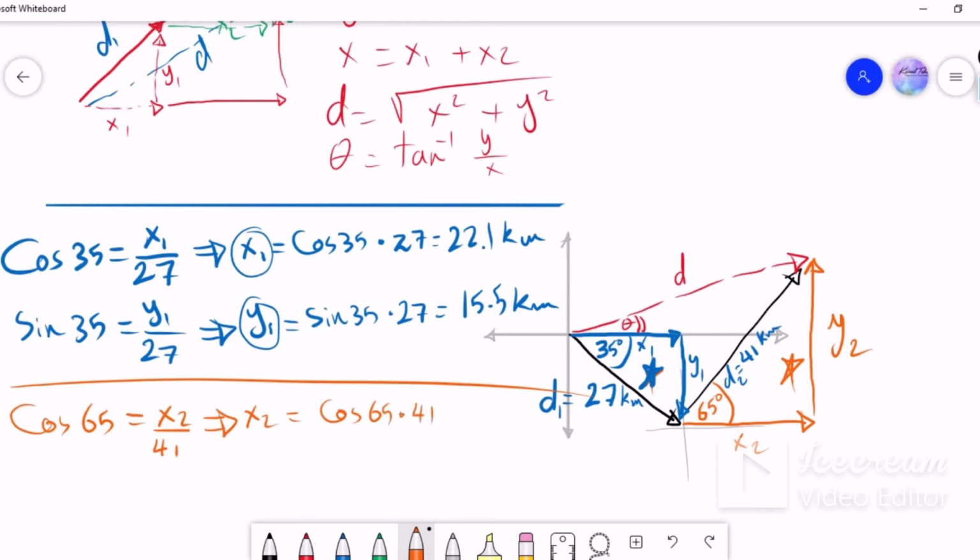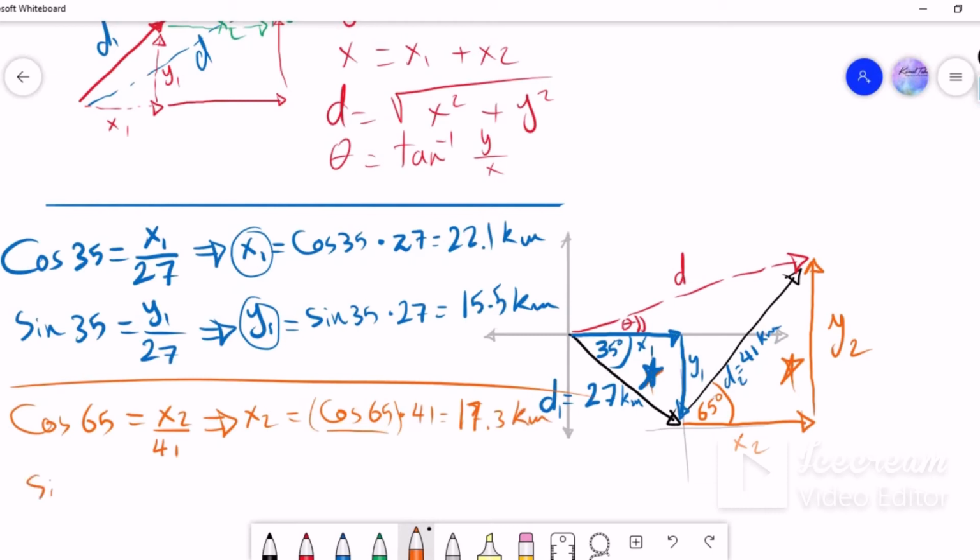Be careful, of course, not 65 times 41, no, cosine 65 multiplied by 41. I think you can understand that. Here it equals 17.3 kilometers. That is x2.